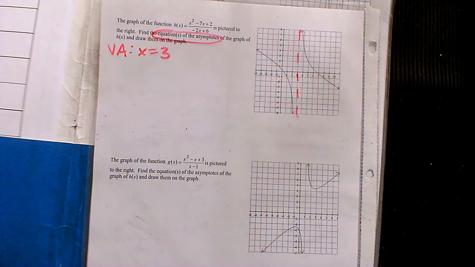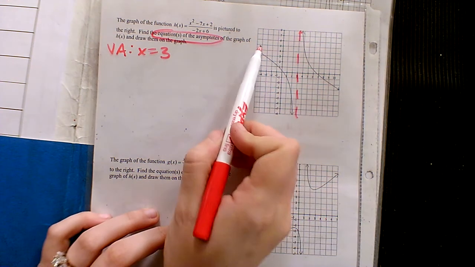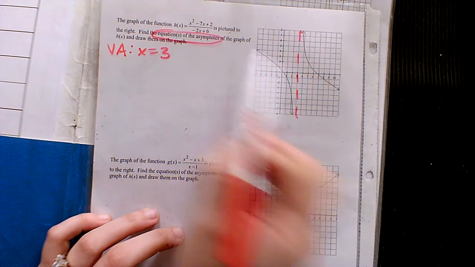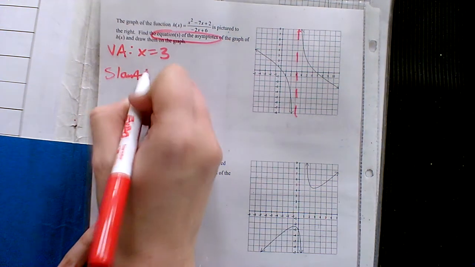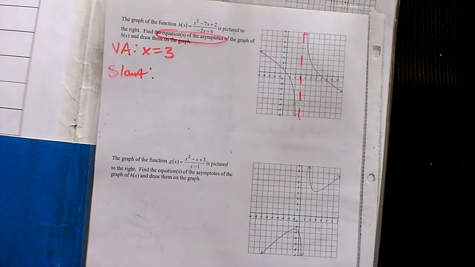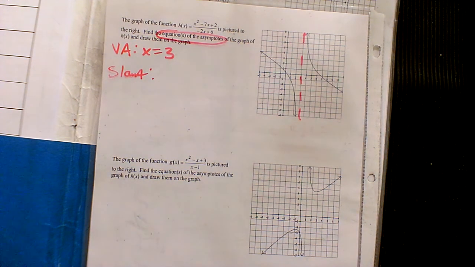Can we identify another type of asymptote somewhere? It's slanted, right? Now, I don't really know how slanted it is, so I'm not going to try to draw one in. We do have a way, though, to figure out the equation exactly, and maybe once we have that equation, we'll draw it in. How can we find a slant asymptote?